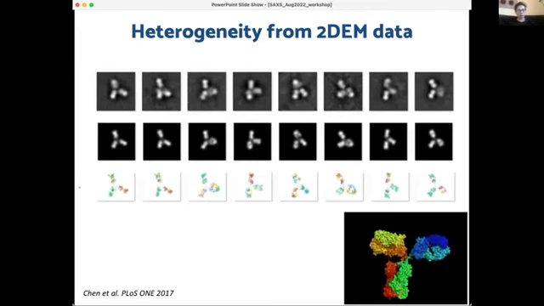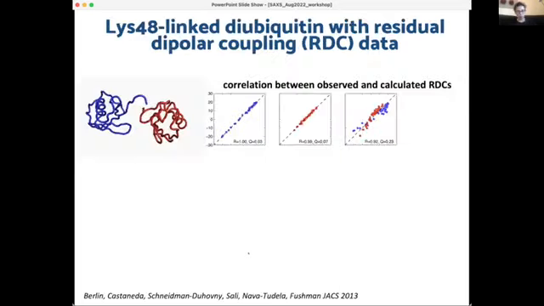So we can find 3D conformations with 2D projections. Those are conformations, and this is a 2D projection, and you can see that this projection fits the 2D class average quite well, and those are other projections generated from multiple conformations for this protein.